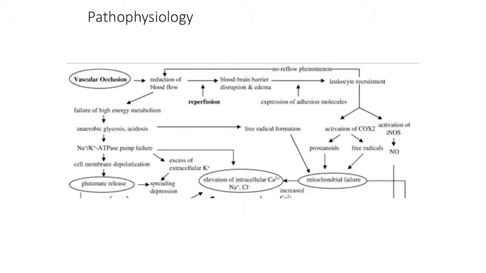The necrotic pathway is activated by essentially the high intracellular calcium, as well as the breakage of most membranes, including lysosomal membranes. So calcium causes an excitotoxic cell death, which activates a lot of glutamate release.